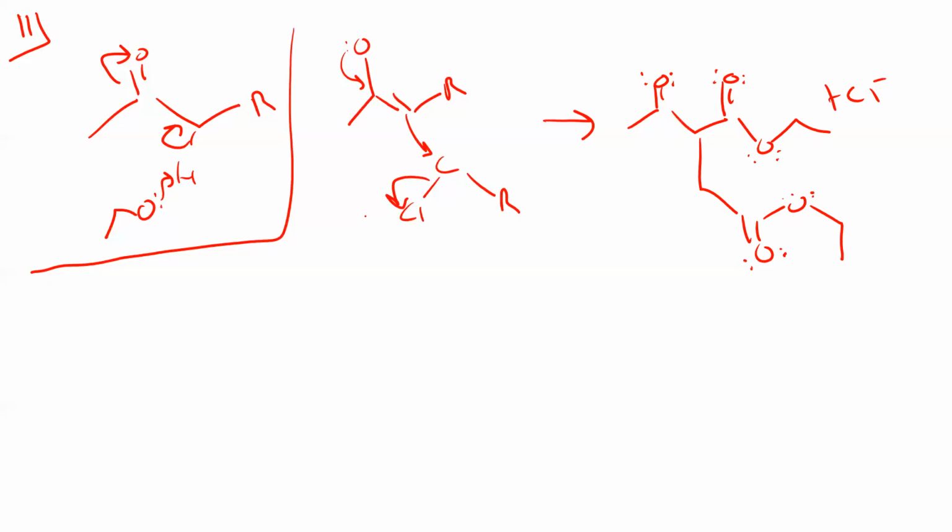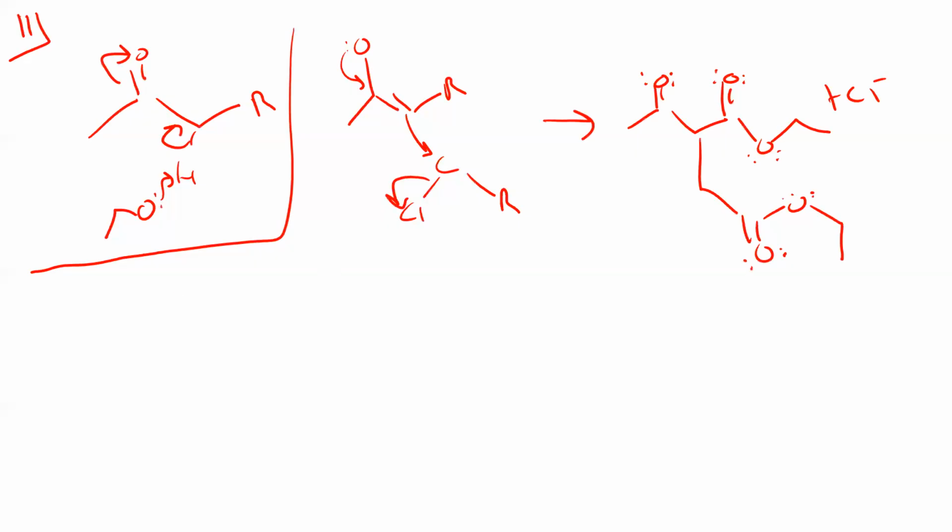curved arrows. Okay. So this is. Go lone pair of electrons here.